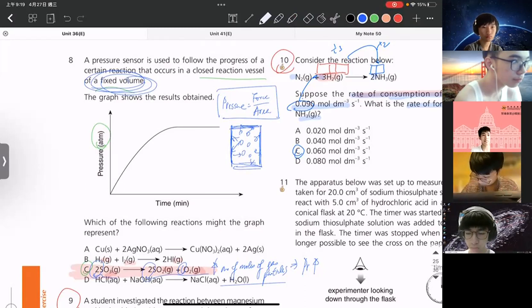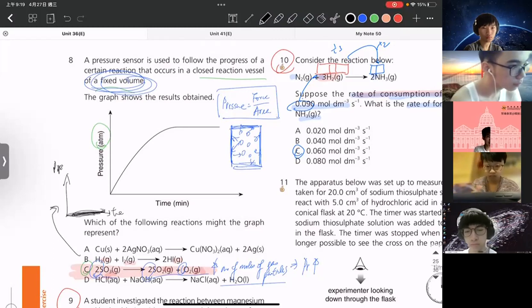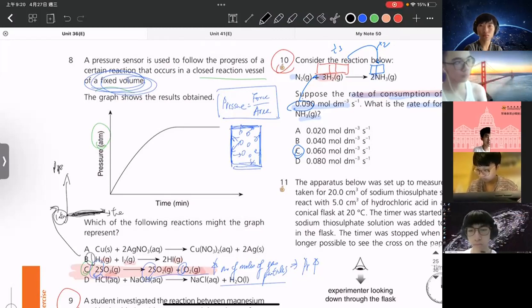How about B? What is bad about B? If I use this one to measure the change in pressure over time, you may get a curve like this. So remember, a flat curve at 1 atm. If you chose B, it's 1 atm only. Why? Because during the whole progress of reaction, there is no change in the total number of moles of particles.